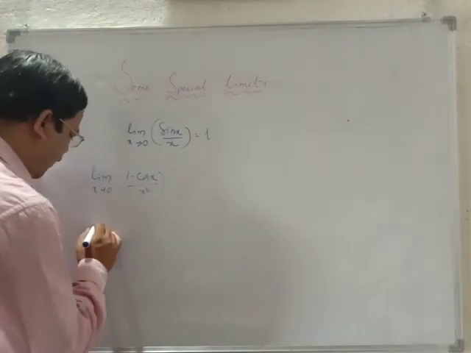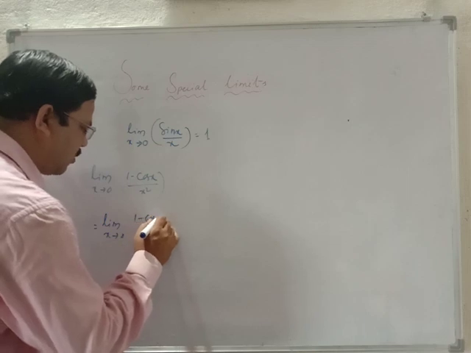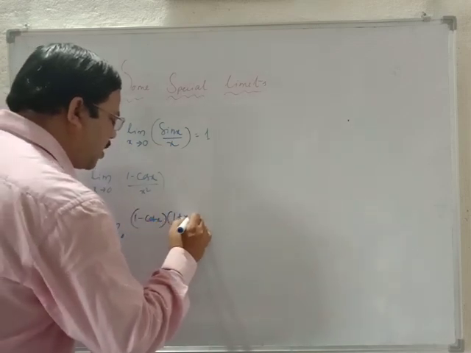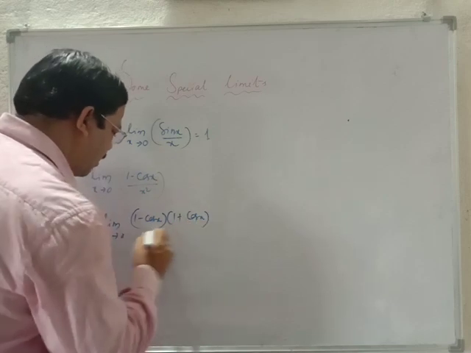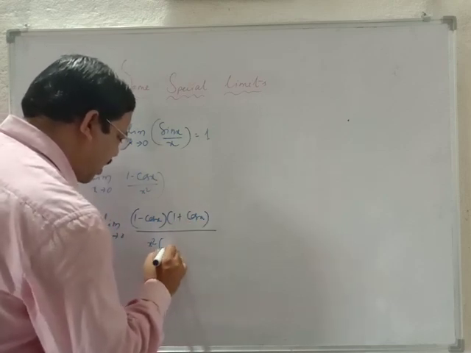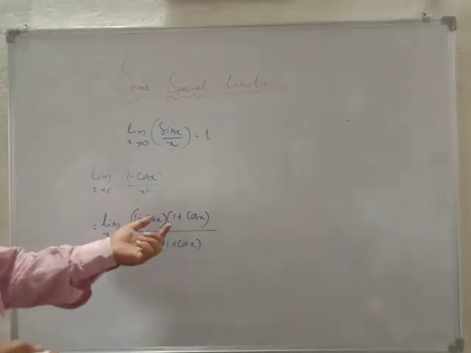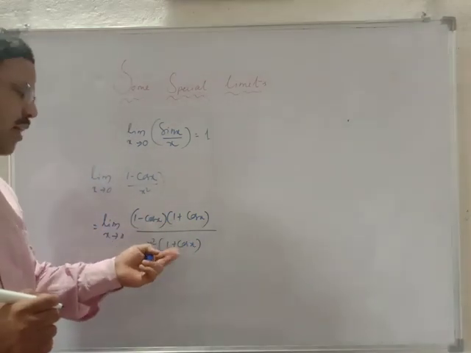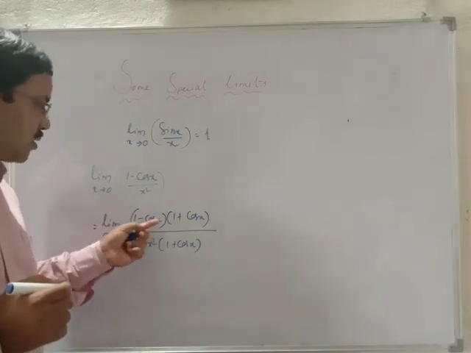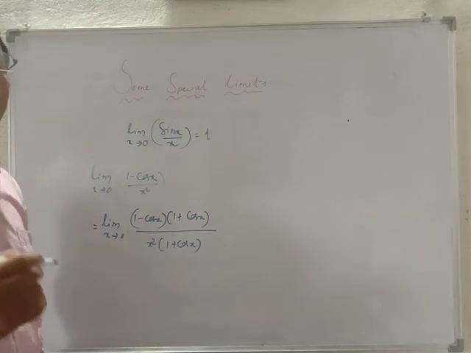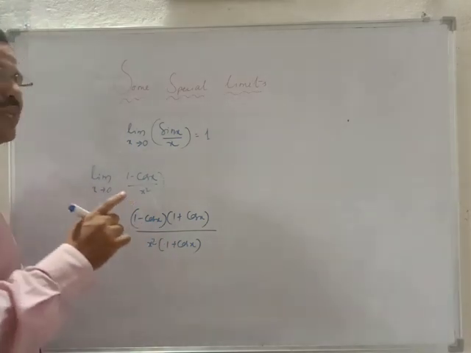So first of all, we multiply 1 plus cos x at the numerator and the denominator, so that 1 minus cos x into 1 plus cos x will be 1 minus cos square x, and 1 minus cos square x equal to sin square x.